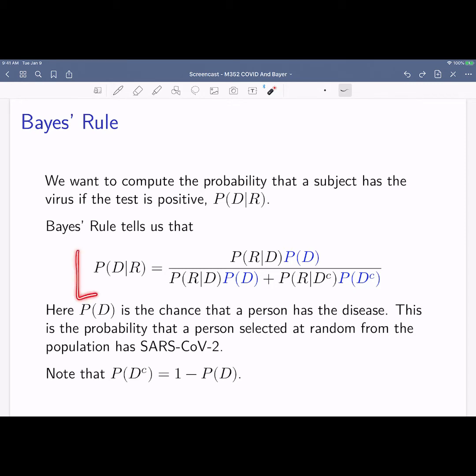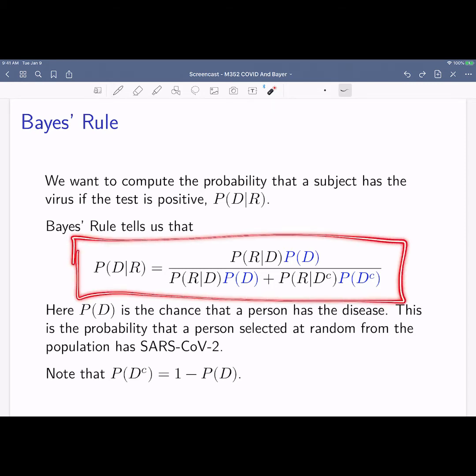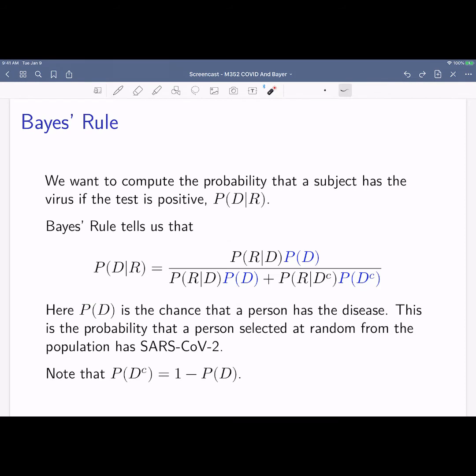So Bayes' rule, I'm going to apply Bayes' rule to this conditional probability and rewrite this conditional probability. And in the denominator, I'm partitioning my sample space into the set of those people who have the virus and those people who don't have the virus. Okay, so this is the way I'm going to deploy Bayes' rule for this example.